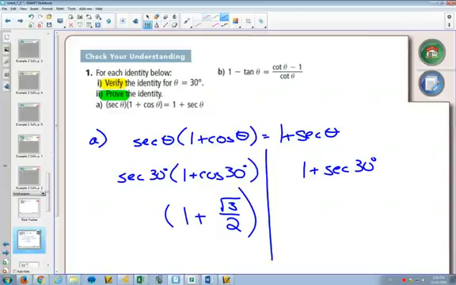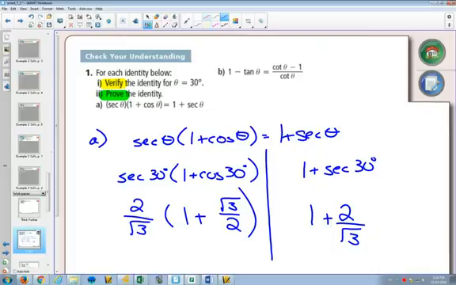So then what is secant of 30 degrees going to be? It's 2 over root 3, since secant is the reciprocal of cos, and since cos is root 3 over 2, then secant is 2 over root 3.